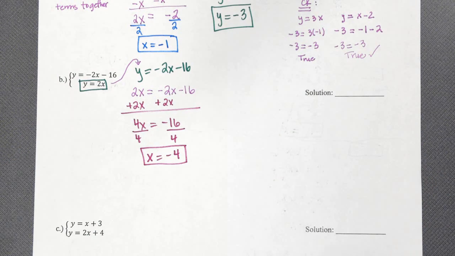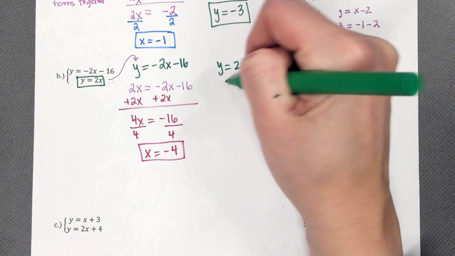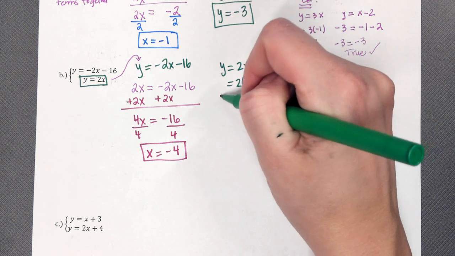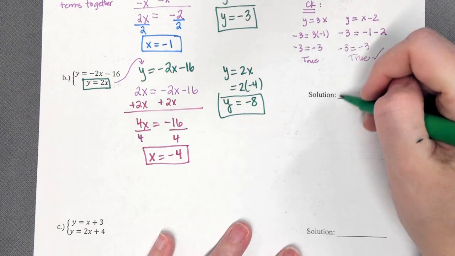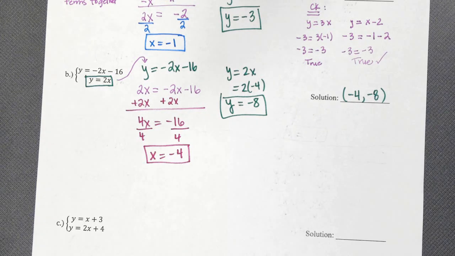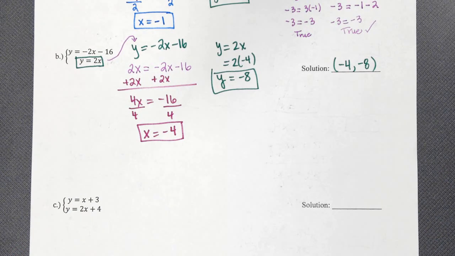So if you have y equals 2x, and you plug in negative 4, you're going to get negative 8. Okay, so your solution is negative 4 comma negative 8, and then just make sure you have your parentheses with your point.